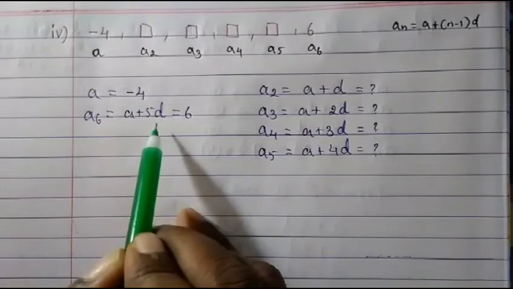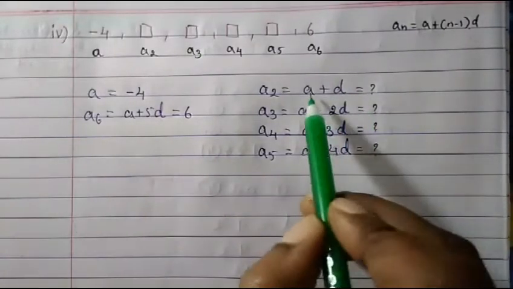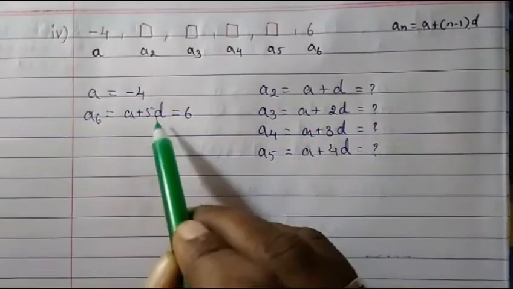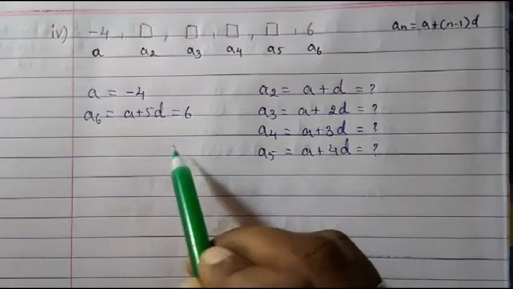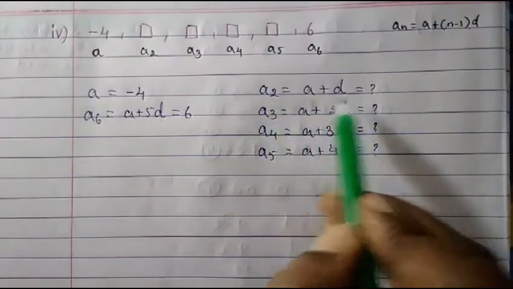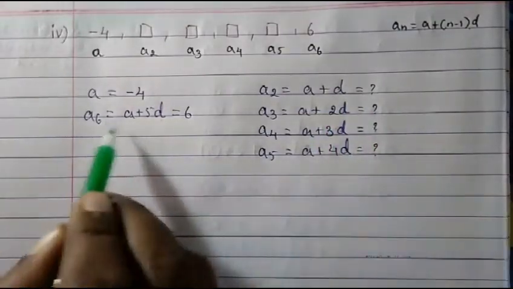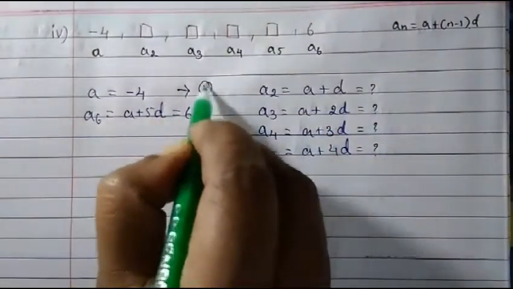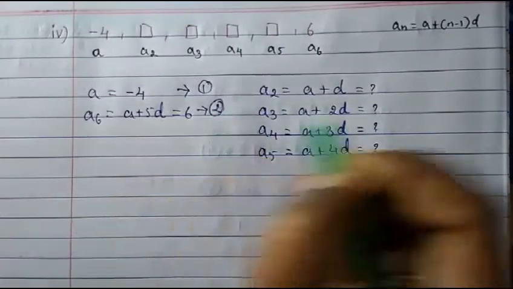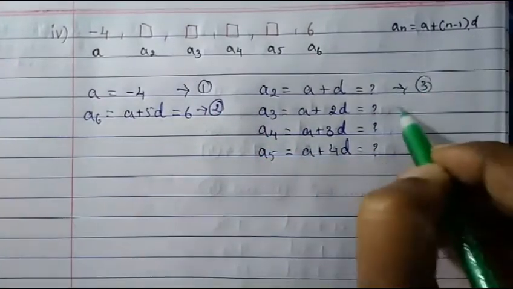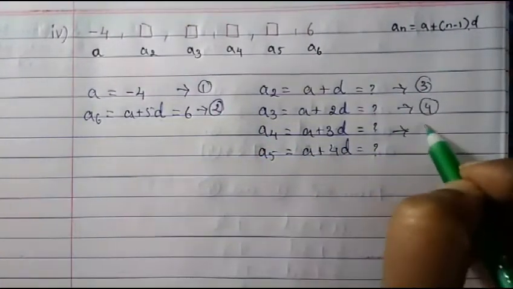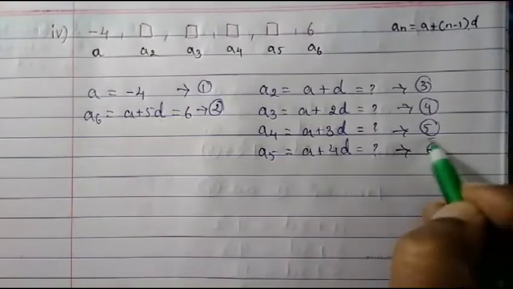Once we get the d value, then it is easy. A we already know, so find the d value from this equation and then put the d value here. You will get A2, and here also you can place the A and d values. So consider this as equation 1, this as equation 2, then this as 3, 4, 5 and 6.